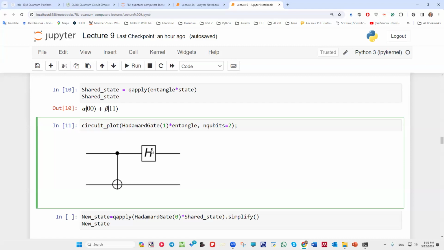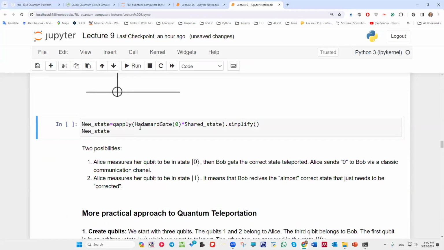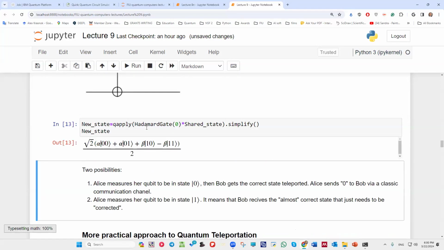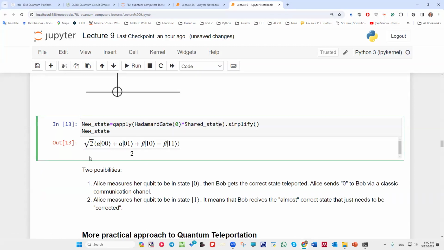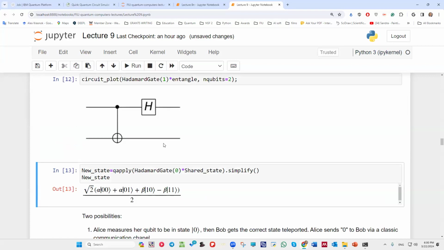Okay, so she applies the Hadamard gate to her qubit and measures the qubit again. So here is the new state. Application of the Hadamard to the shared state, because of the superposition principle, right, creates 4 states now, multiplied by alpha and beta.